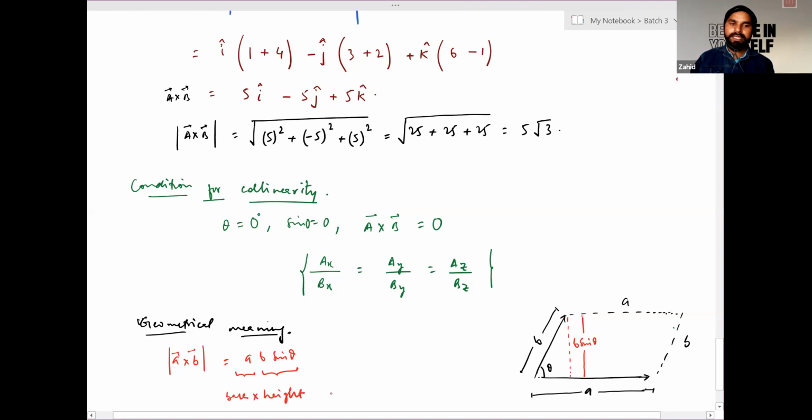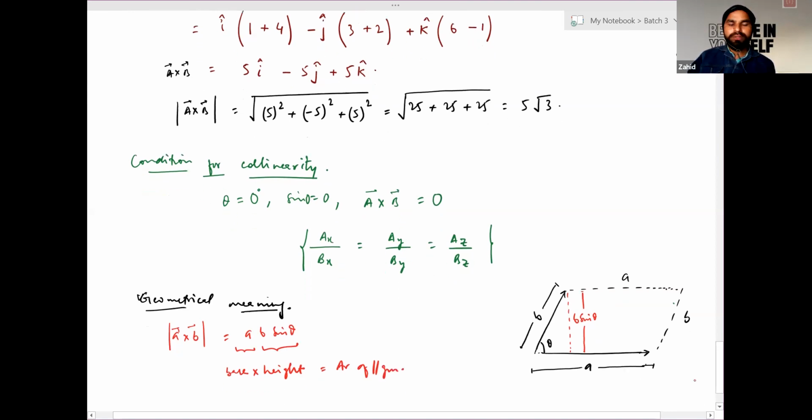So base into height will define the area of the parallelogram. From this we can conclude that the magnitude of the cross product will define the area of the parallelogram defined by two vectors as adjacent sides.